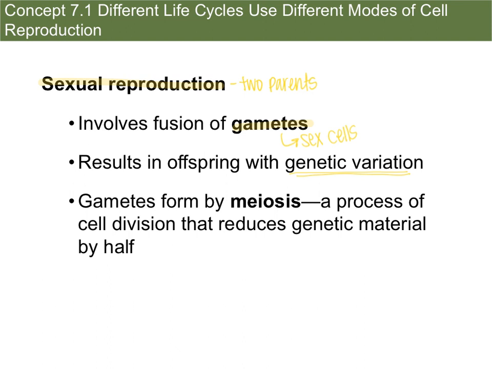These gametes are formed through meiosis, which is a process of cell division that ends up creating your gametes and reduces the genetic material by half. So that way you have half from one parent, half from another parent, creating and fusing to form a whole offspring.